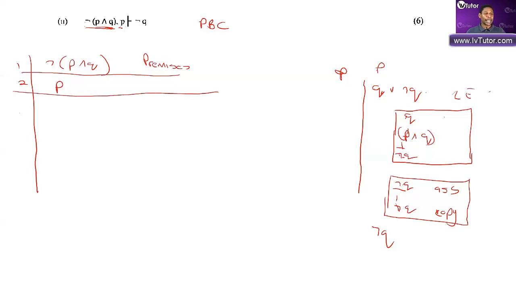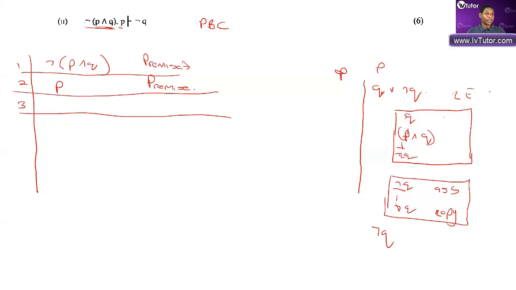Each line will be numbered or indexed. You don't have to draw these lines, but for the purpose of this, each and every row you write must be indexed, because we will refer to which row was used in each rule that we choose to use. The givens are called premises, so we label them.